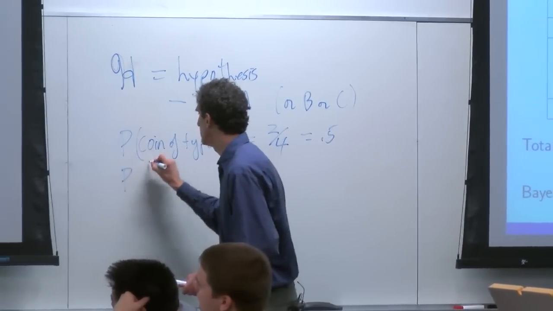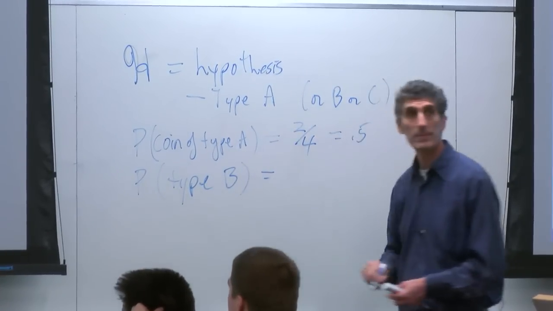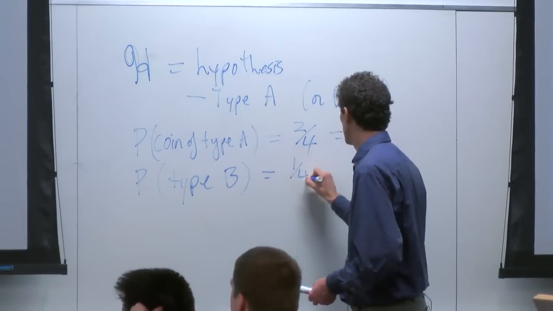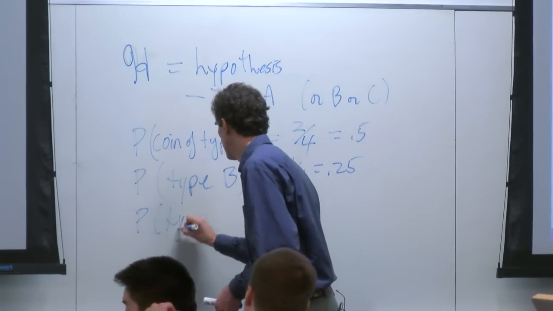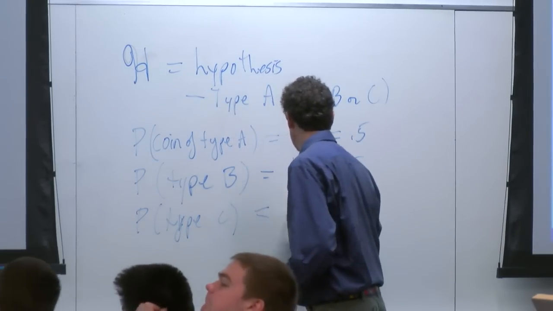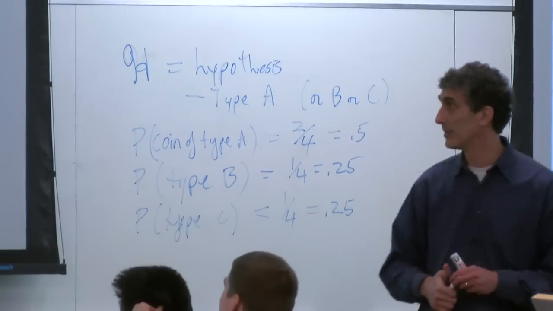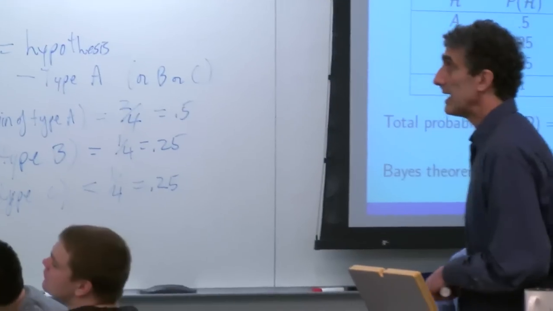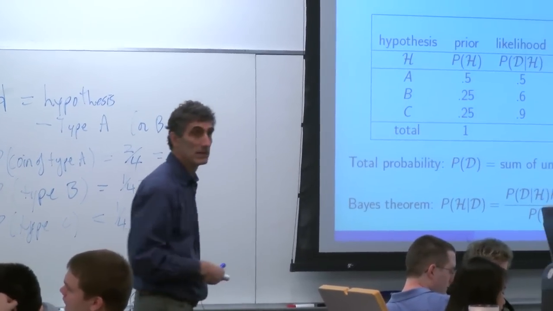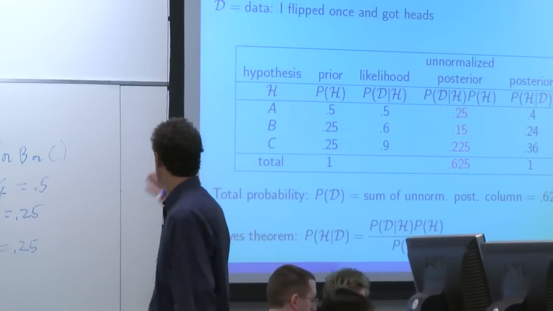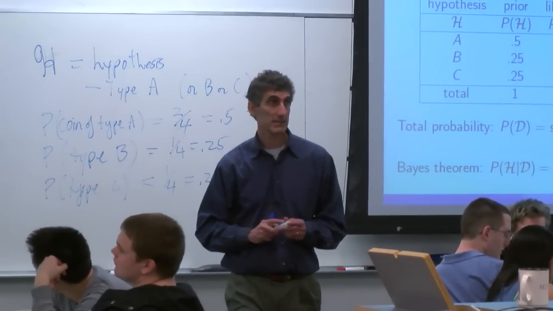And what's the probability we're just type B? Yeah, 1/4, or 0.25. And the probability that we're of type C is 1/4, or 0.25. This was one of our simpler counting problems. In the table, you can see that's encoded in the column marked prior. Before we take any data, this is what we'd say. This is the sort of odds we'd give if we were going to bet on this.